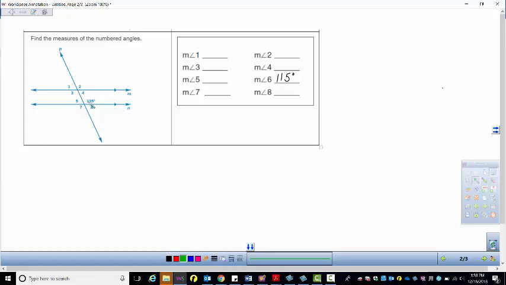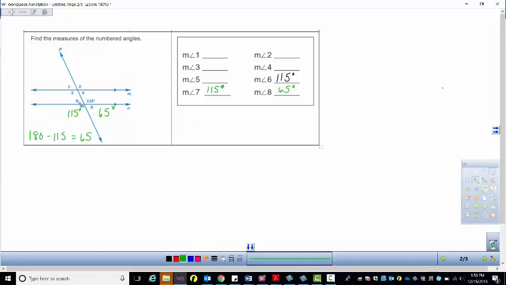So if this is 115, angle 7 is 115. Vertical are always the ones that I see first. And then I know that these two make a linear pair. So I could take 180 minus 115, and I think that is 65. So angle 8 is 65 degrees.